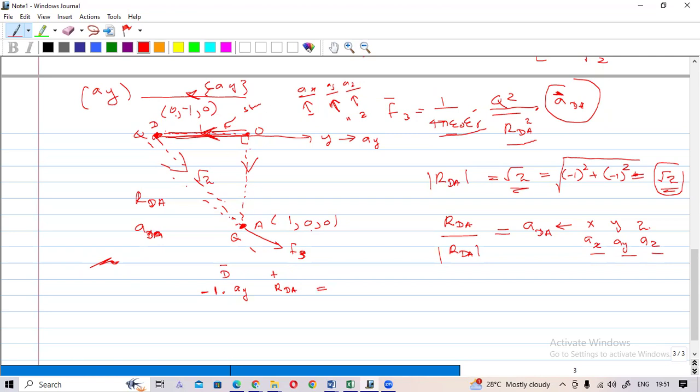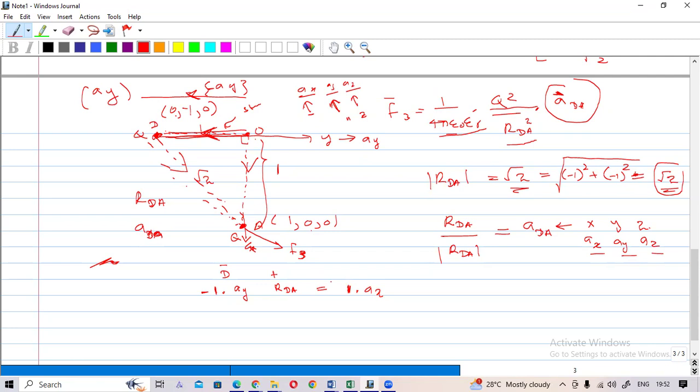So what is the magnitude of this vector? That is from 0 to 1, that magnitude is 1. What is the direction of that vector? That is ax, no? So it is ax.